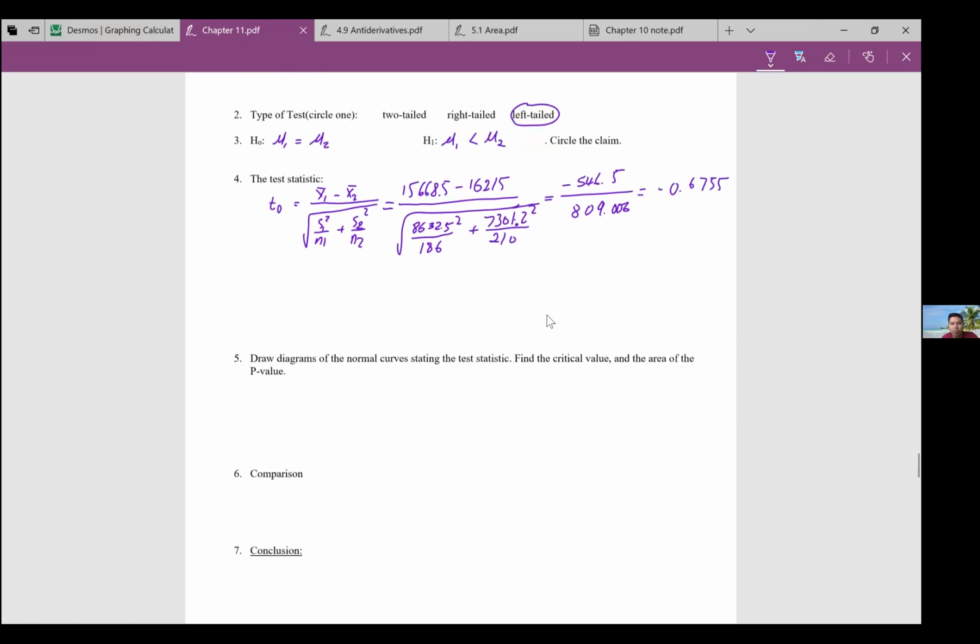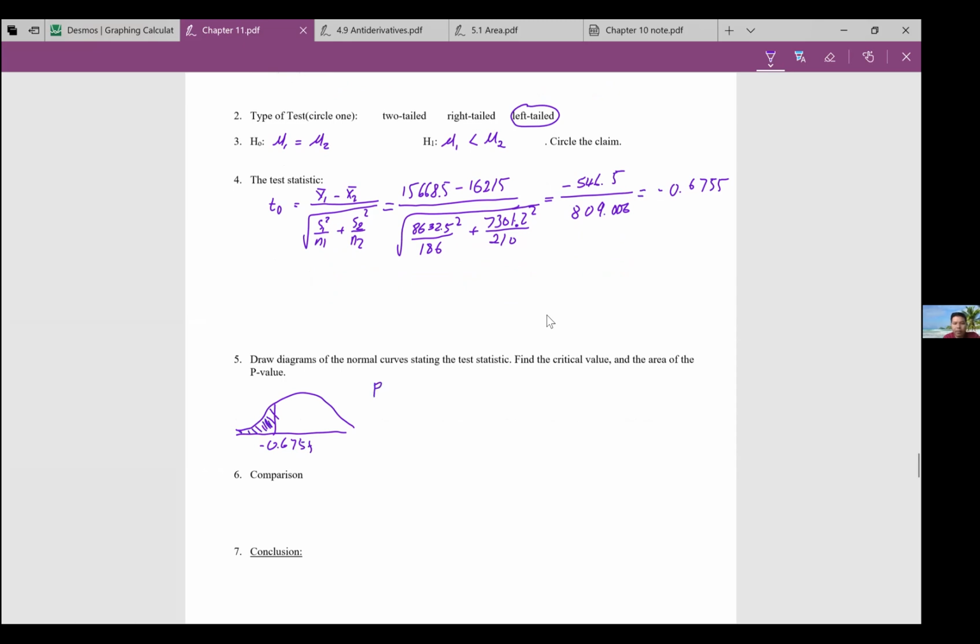Okay, so step 4 is done, right? We got those numbers taken care of. And step 5 is just to draw a diagram and see what we can do for the p-value. All right, so this is left tail. We get negative 0.6755, so we want the area to the left.